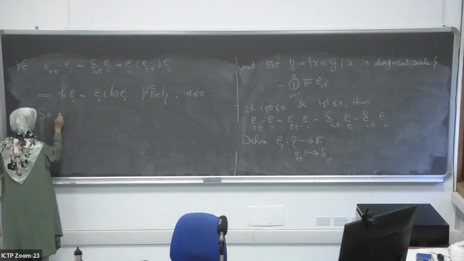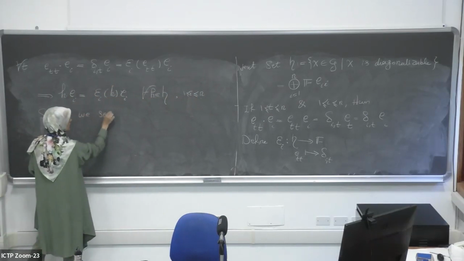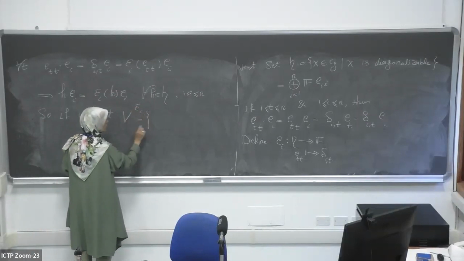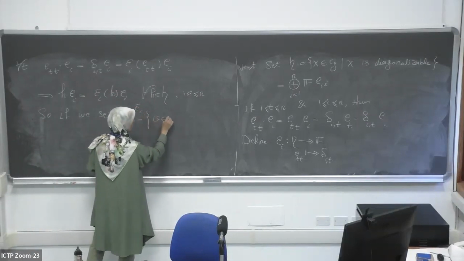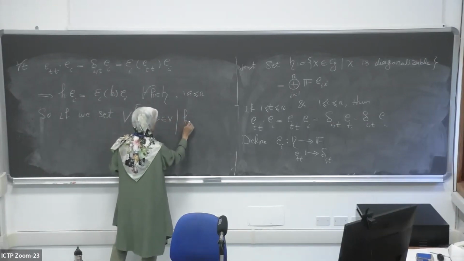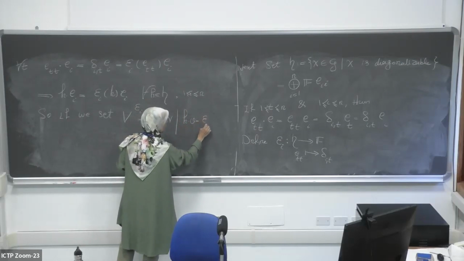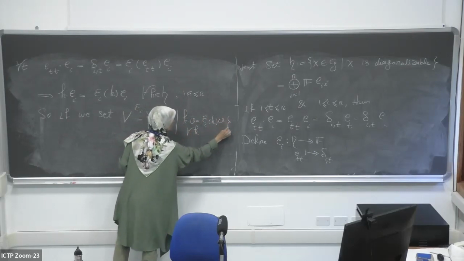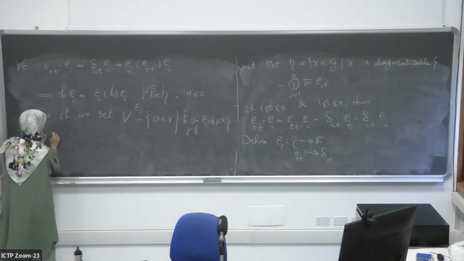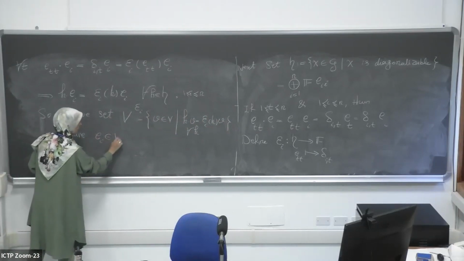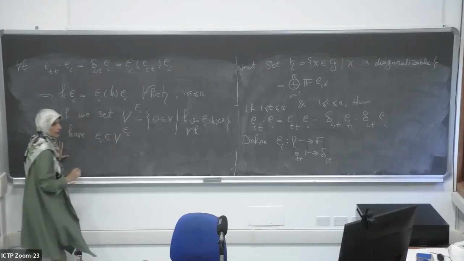So, if we set V_epsilon_i to be all v belonging to V such that hv equals epsilon_i(h) v for all h, we have e_i is an element of V_epsilon_i.